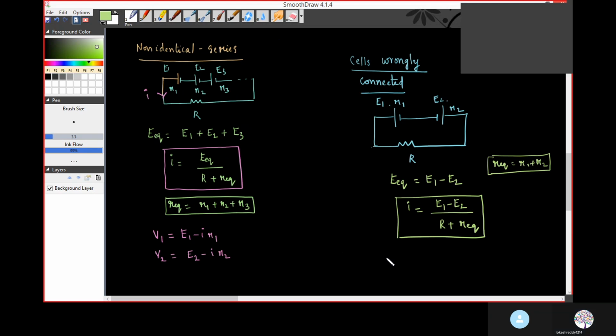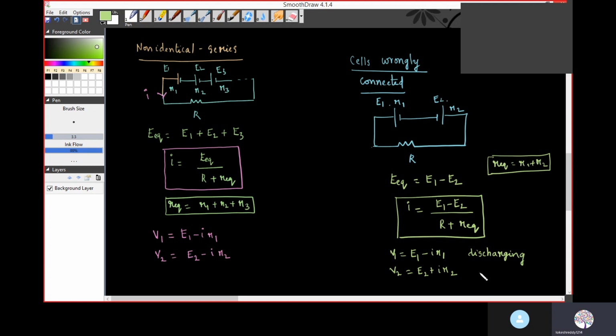Then we write, if cell 1 is discharging, V1 is equal to E1 minus I R1. We take this as discharging, and V2 is equal to E2 plus IR2.